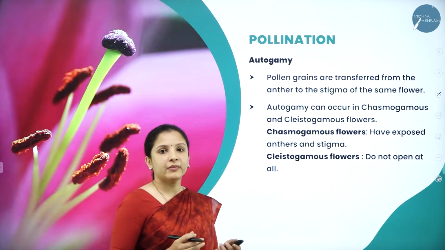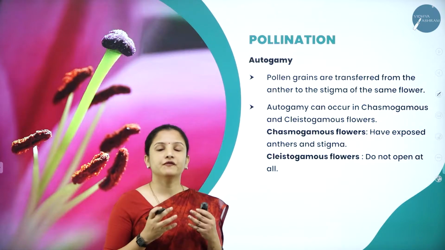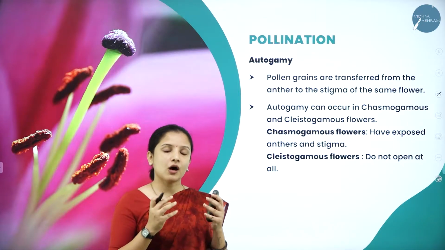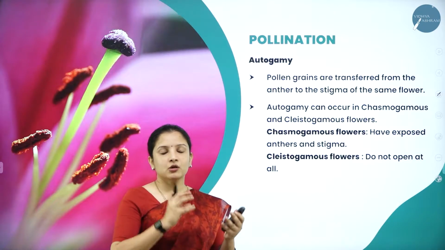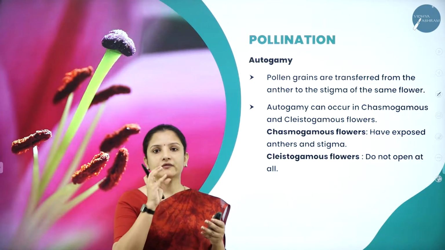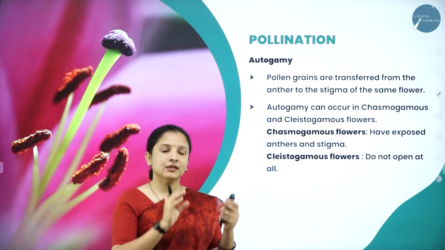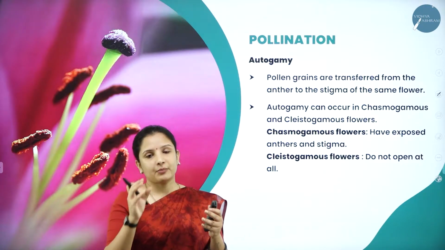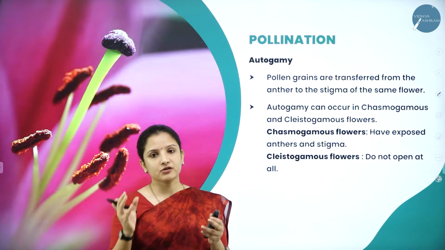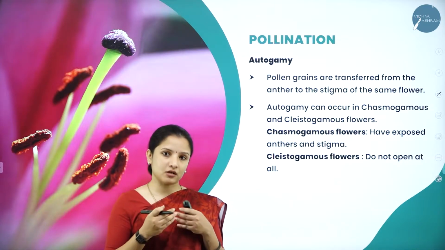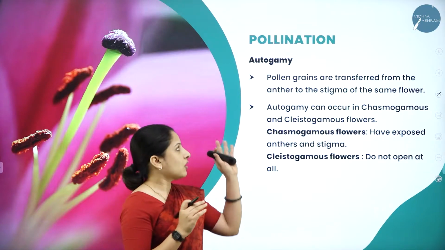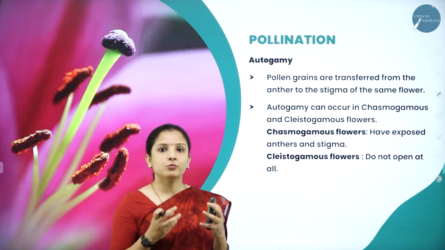Auto means self, and gamy means the fusion of the gametes. How do the gametes fuse? You know that inside the pollen grain you have the two male gametes. The male gametes will be delivered into the female gametophyte, and that is how fertilization will occur. In autogamy, auto means self.